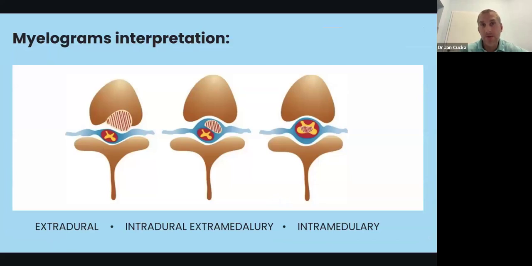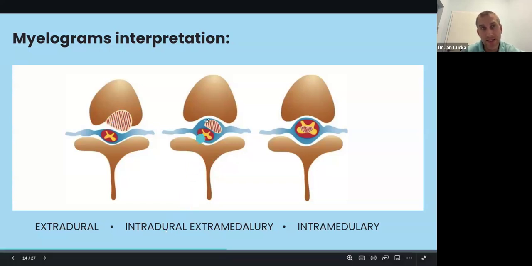So myelogram interpretation: there are 3 major lesions which we are looking for. The first is extradural lesion. Most disc diseases are extradural.